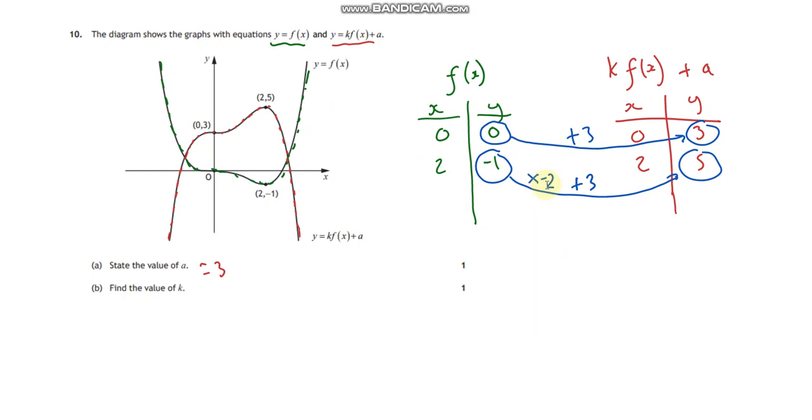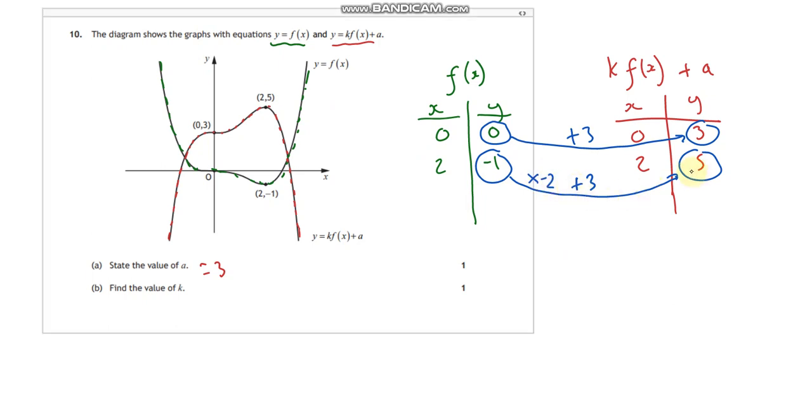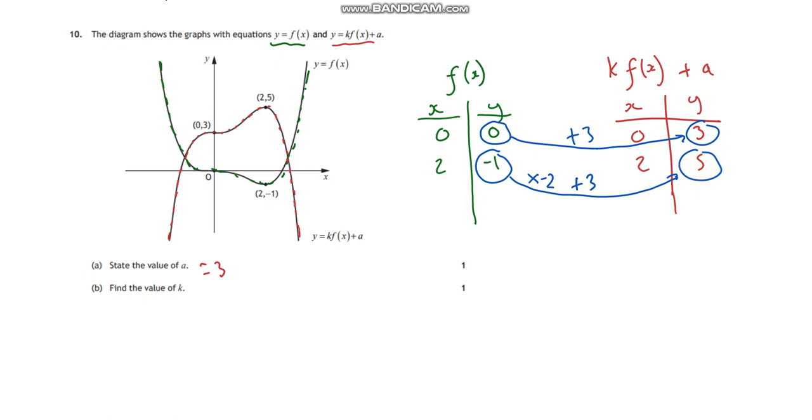Negative 1 times negative 2 would give me 2, and then 2 plus 3 would give me 5. That seems sensible to me. So I'm going to say that this is a negative 2. And it makes sense because it's been flipped. But it's not just been flipped. It's not a negative 1. It's not a straight flip, otherwise that number wouldn't be so big. It's obviously been moved as well. So yeah, 3 and negative 2.